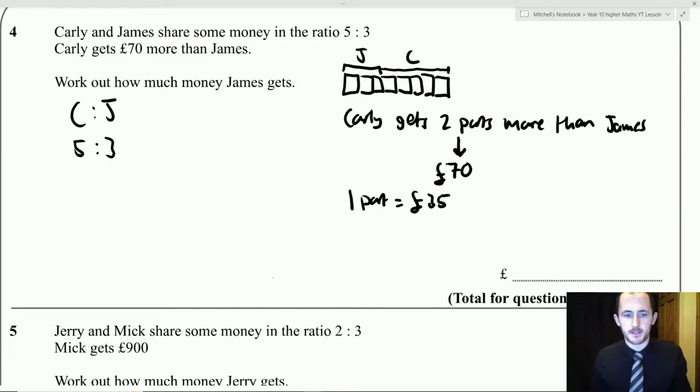Is that okay? Good. Okay. Perfect. So if we want to work out, excuse me, how much money James gets, well, if each part is £35 and James gets 3 parts, he gets 3 times 35.